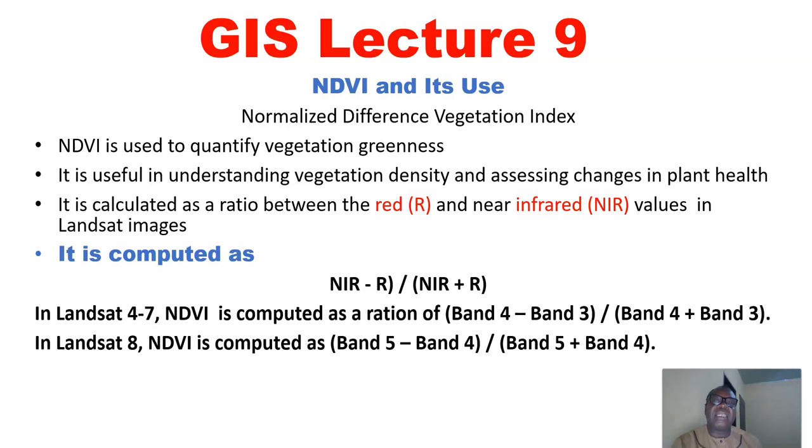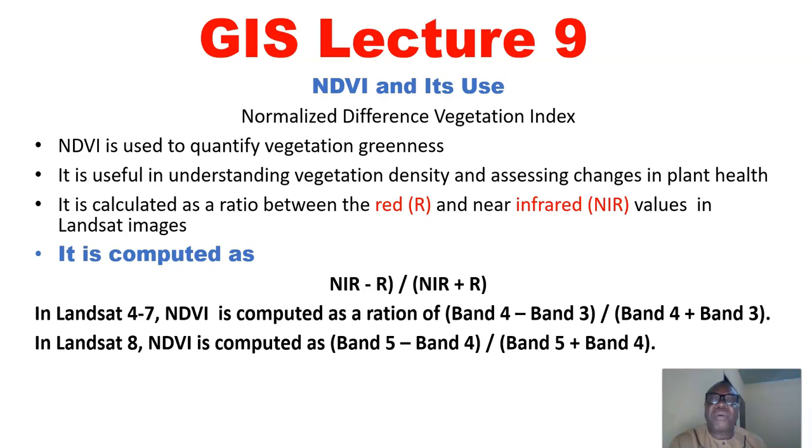Actually, NDVI and other versions of vegetation indices have a lot of usefulness. We are just going to look at it briefly, because it's a short video and we cannot exhaust all the things we can do with NDVI.